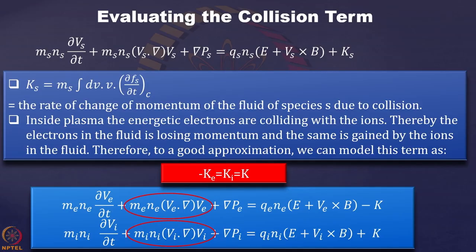So the electrons are continuously colliding with the ions, and because they are more energetic compared to the ions, they are delivering their momentum to the ions, and ions are getting that momentum.